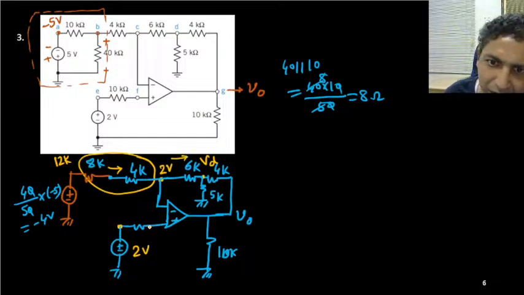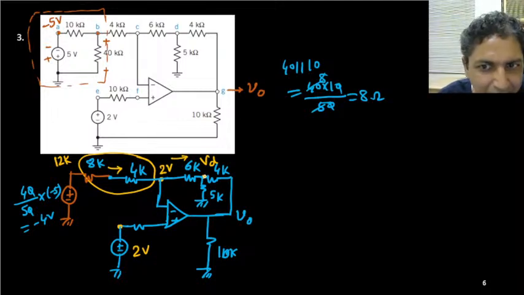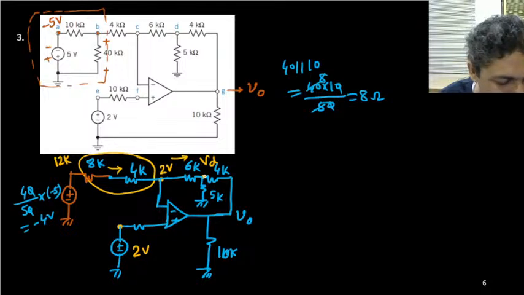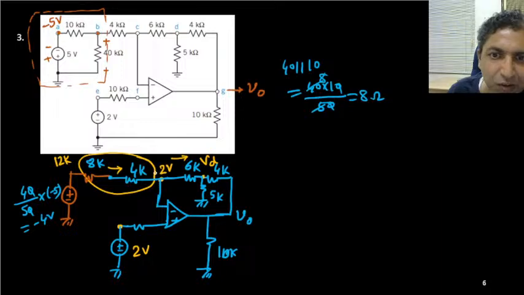In this way you can solve it, or you can solve it in another way also. Two sources, minus 4 volt and 2 volt, are connected. One is in inverting mode, the other one is non-inverting mode. Then you can find the overall voltage Vd very quickly. That also you can do. So you can find an equation for that. What is the equation? What is the current flow here? This potential is minus 4.